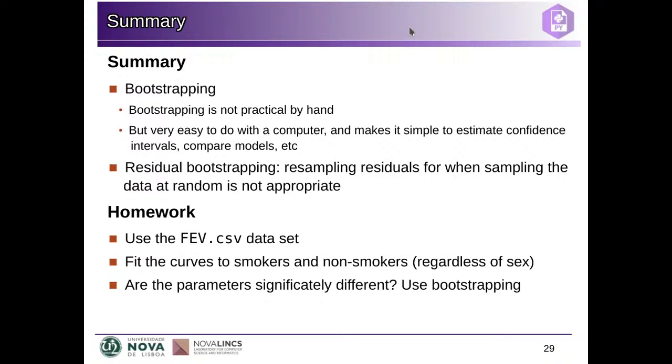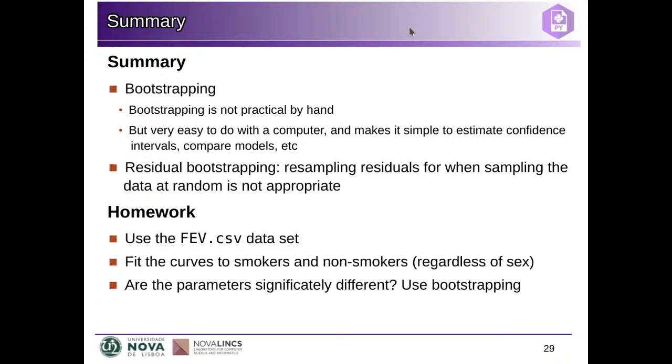Sometimes you cannot use the vanilla version of bootstrapping because your data is not completely random. For example, in that enzyme kinetics example, we were selecting the concentrations of the substrate, so it wouldn't make sense to replicate that experiment with data that had two times some concentration and another one missing or something like that at random.